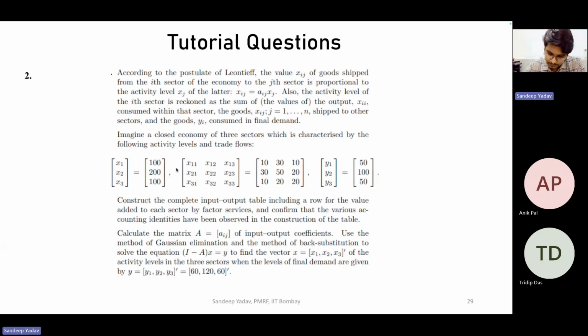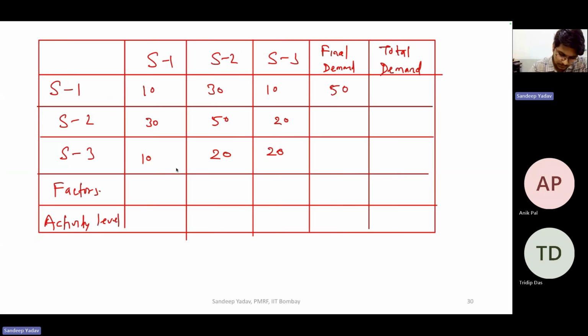And the other thing given is 50, 100, and 50, that's equal to 50 for sector 1, 100 for sector 2, and 50 for sector 3. If you calculate the total demand, 50 plus 10 plus 30 plus 10, that would be equal to 100. Similarly here 100 plus 50 plus 20 plus 30 is equal to 200, and here 50 plus 20 plus 20 plus 10 is equal to 100. So that's how we calculate the total demand.